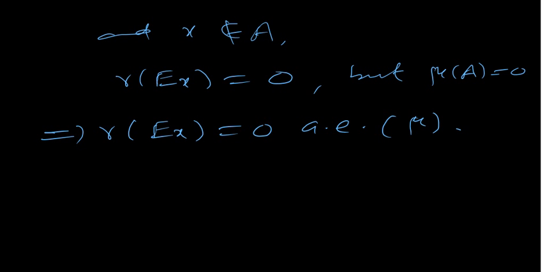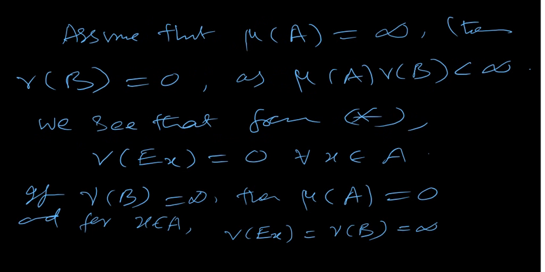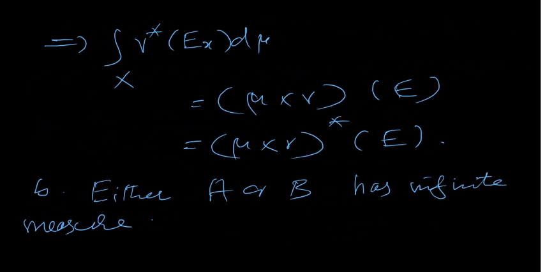So in the first step, we have two possibilities here for this case. For the second one, either A or B has infinite measure, then we can choose two possibilities again here. This is infinite, this is 0, this is 0, this is infinite.